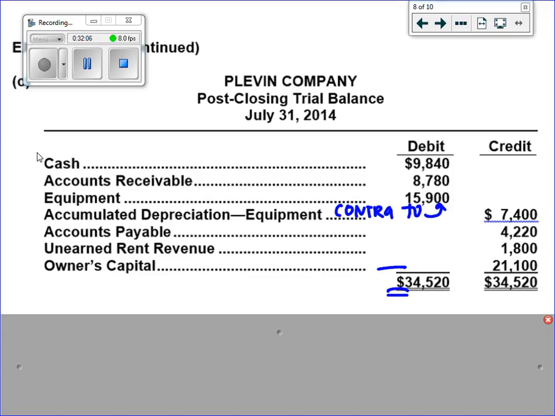Notice we've got accumulated depreciation as a contra. It's got a credit balance. That's a recap from last time. And what Riley just asked, what does the capital balance matter? Because you need it to figure out his final capital balance.